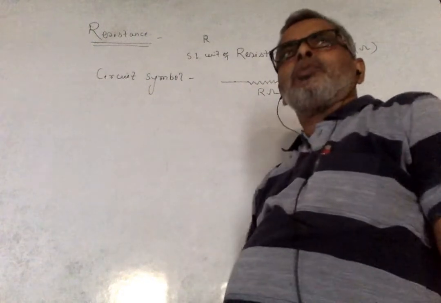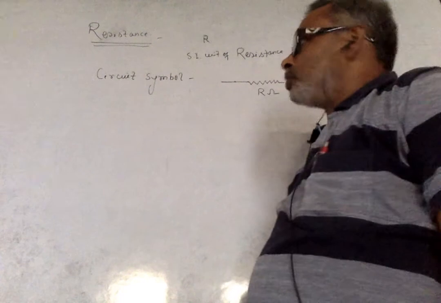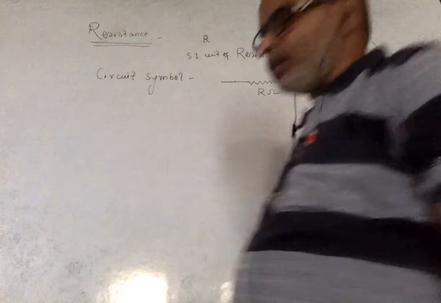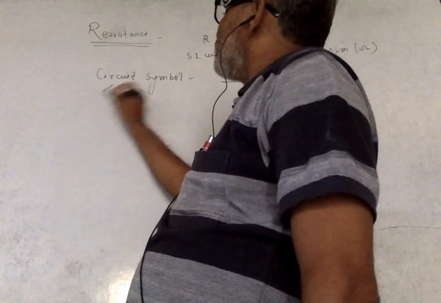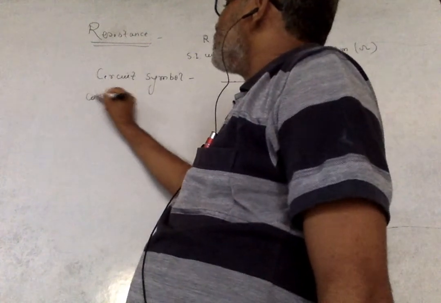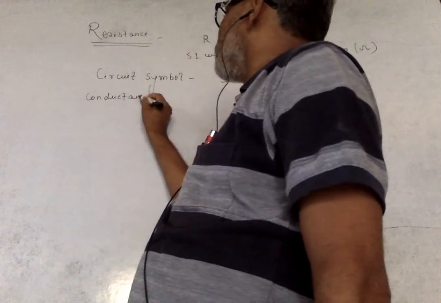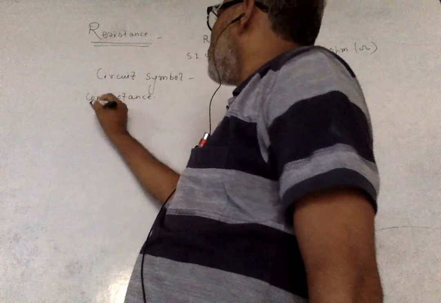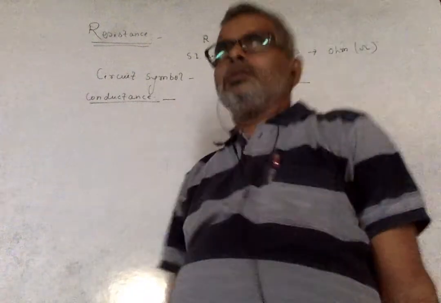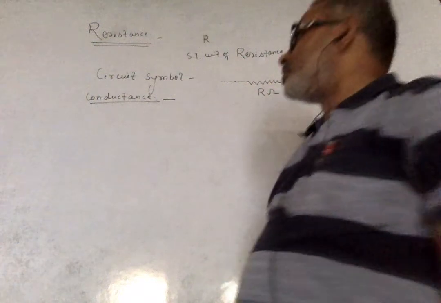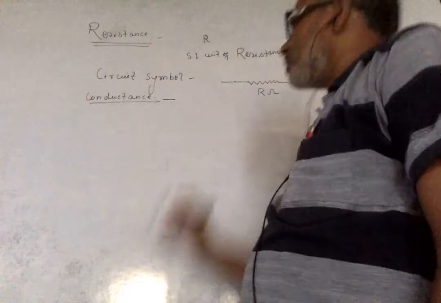And the other property of a conductor, which supports the flow of current, is termed conductance. The reciprocal of resistance is called conductance.